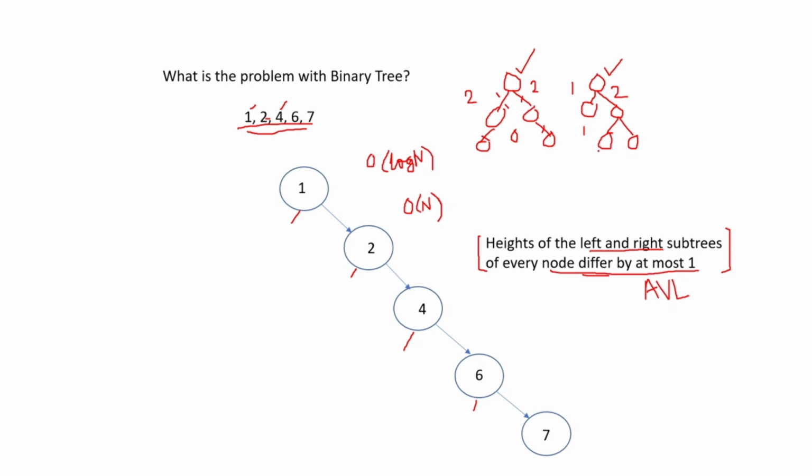But now say you add another node here at this point. Now the height of the tree becomes 3 and this is 1, and therefore the difference in height is now 2, therefore this is no longer an AVL tree. It is a binary tree of course, but no longer an AVL tree.